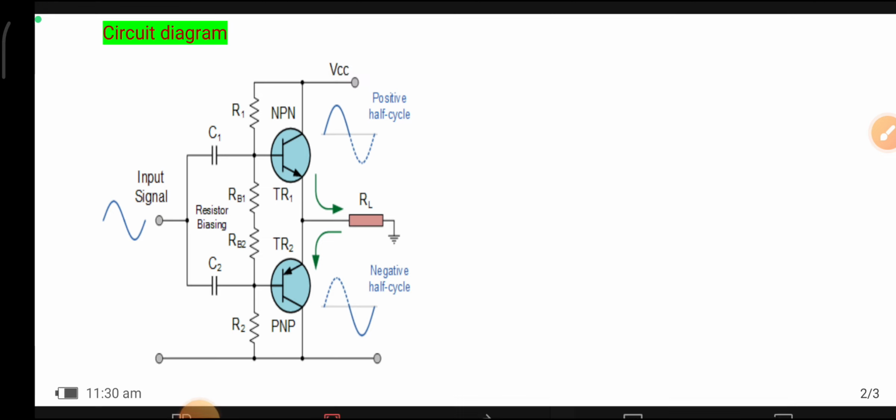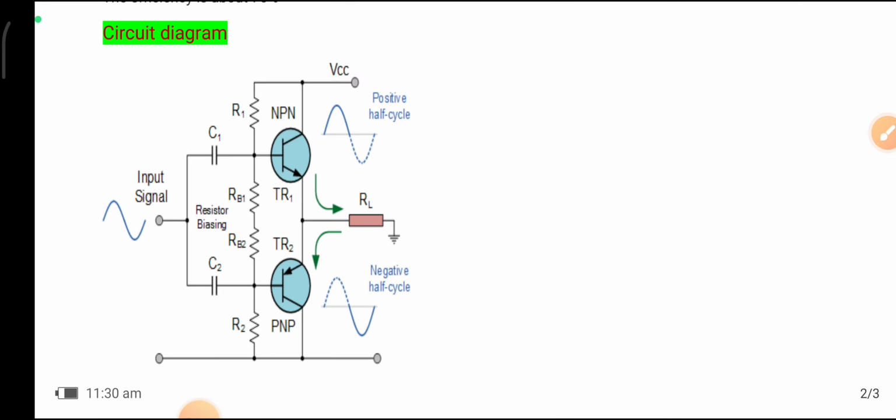This circuit diagram contains two transistors. One is the NPN transistor, another one is the PNP transistor. Here R1, R2, RB1 and RB2 are the biasing resistors. These biasing resistors provide suitable biasing to the transistors.